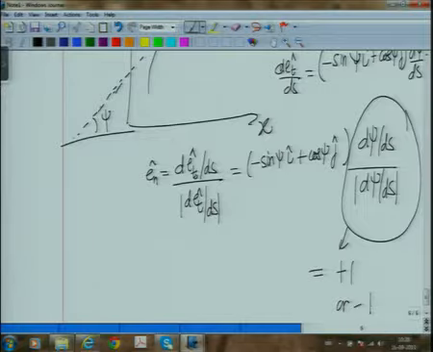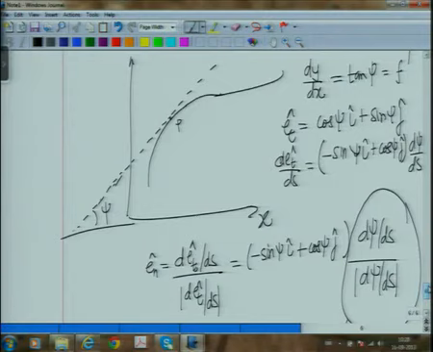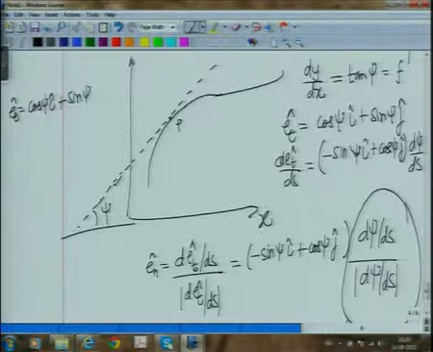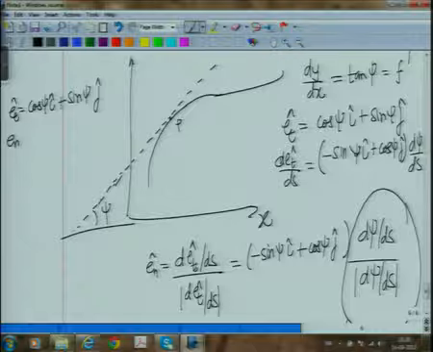So En vector is perpendicular, and as I told you, the best way to find En vector, if Et vector is cos psi i plus sin psi j, then En vector, if it is along the same plane, means it is perpendicular.